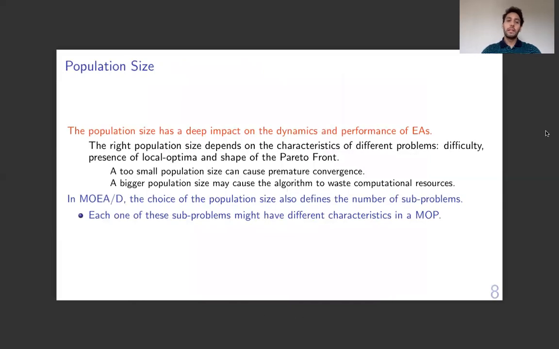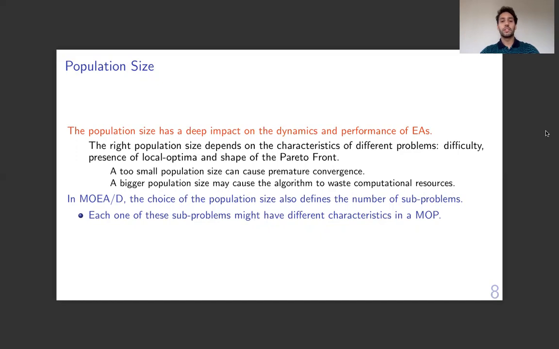Okay, so in this work, we're also addressing population size. So let's review a little bit about it. The population size has a deep impact on the dynamics and performance of any evolutionary algorithm. As we know, the right population size depends on many characteristics, such as difficulty, presence of local optima, and shape of the Pareto Front.